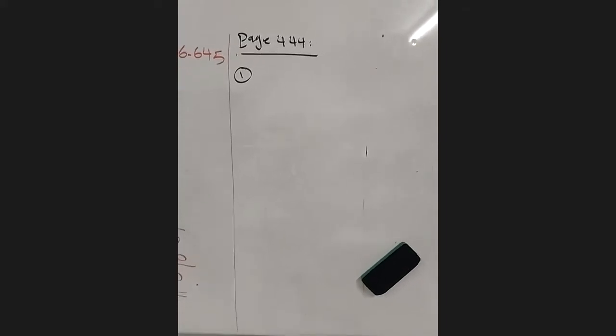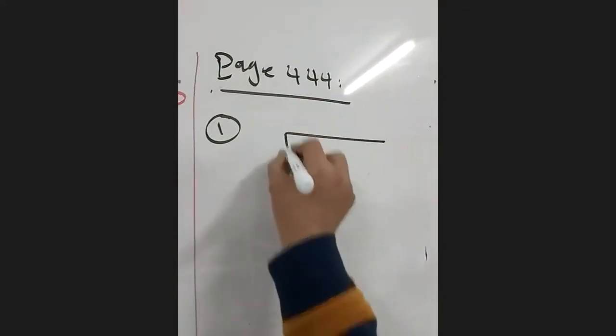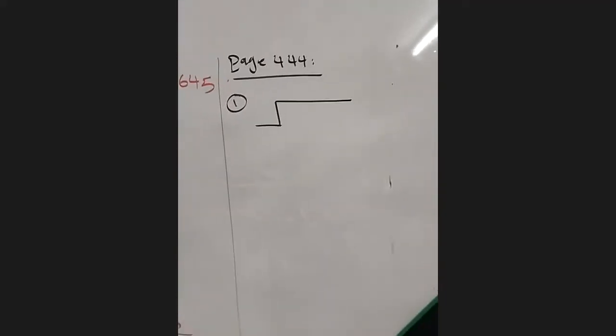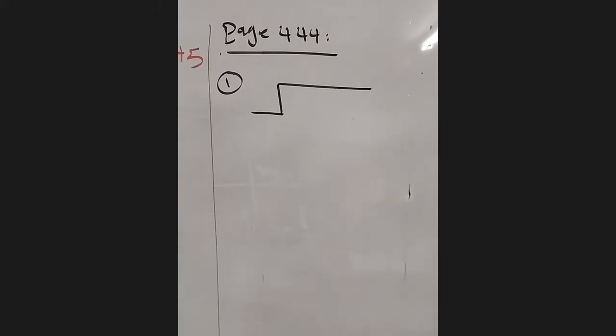Read question 1. Page 444, quickly. Question 1. Divide. What are the numbers, Muhammad, in page 444? Question 1.